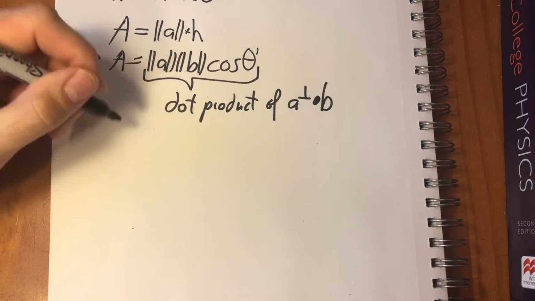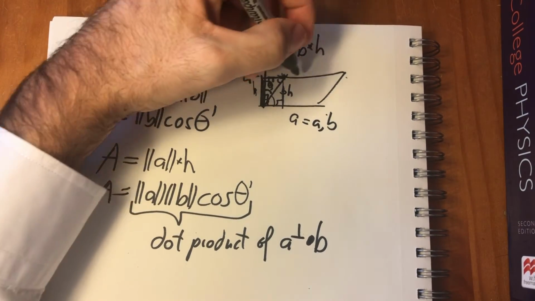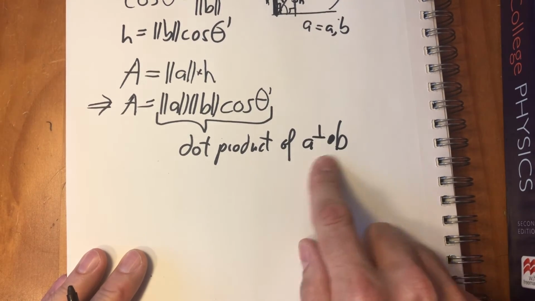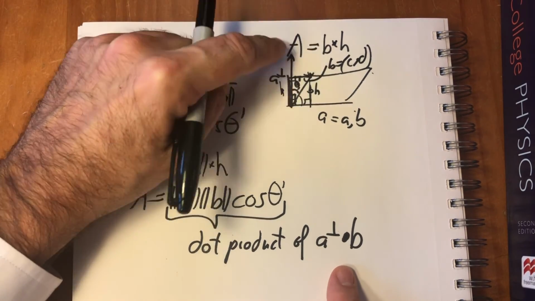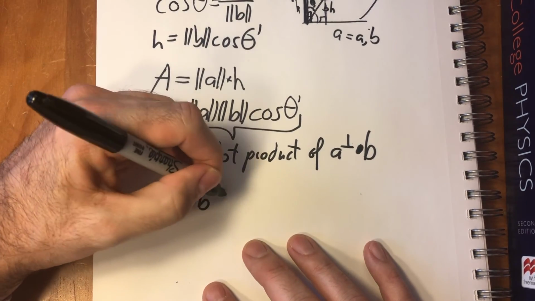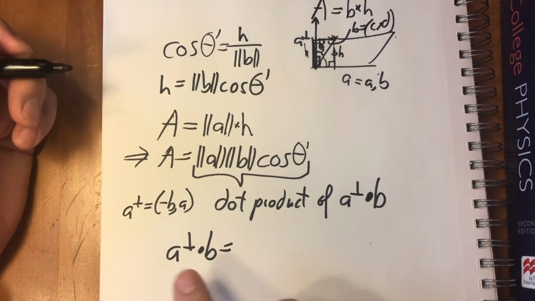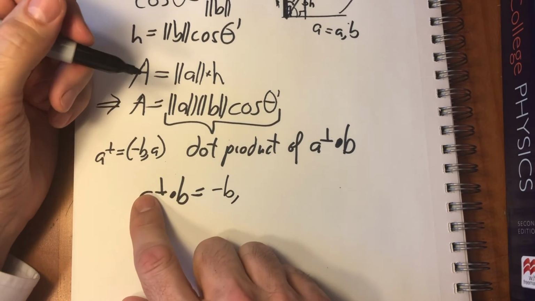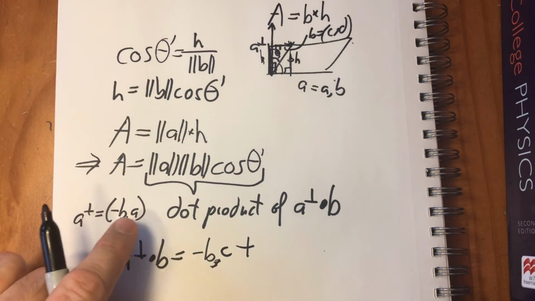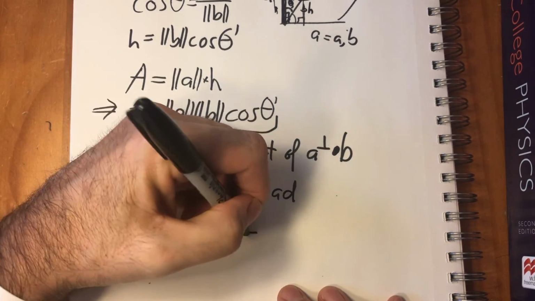So we have the two vectors, A equals A comma B, B equals C comma D. Now we're going to take the dot product of the perpendicular one with B. So we get that A perpendicular dot B equals, oh here, so A perpendicular equals negative B comma A. So it's negative B, or I'm sorry, negative B times C plus A times D equals, rearrange that, AD minus BC.